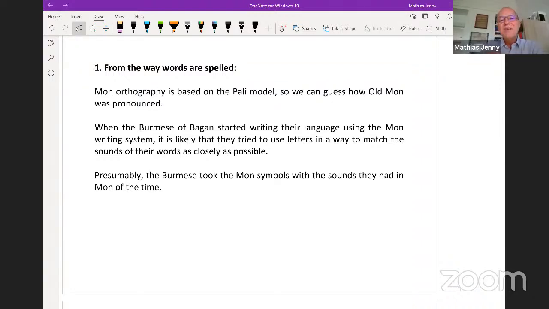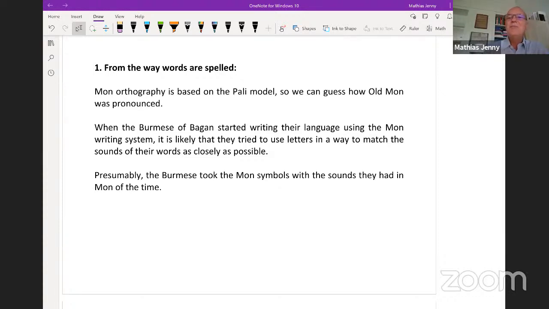and we know that the Burmese took the Mon writing system to write Burmese, it is very likely that the Burmese tried to make as good as possible a match between the letters and the sounds of Old Burmese.